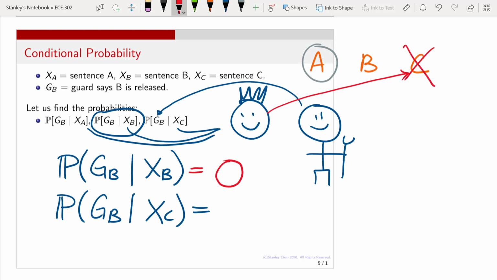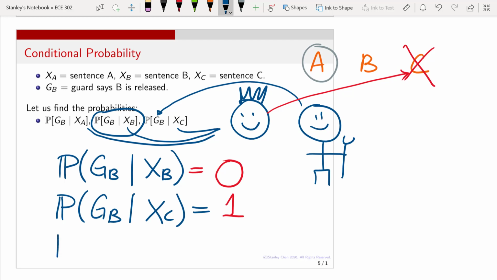And then you are A, you went to the guard, you ask whether B or C will be released. And will the guard say that B will be released? Certainly, he has no choice, but he has to tell you that the person has to be released. So now we have already calculated these two probabilities.